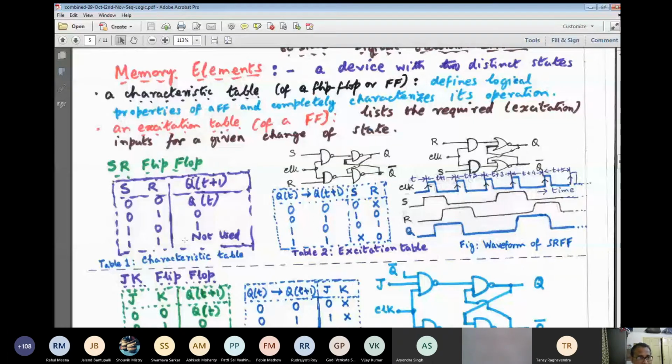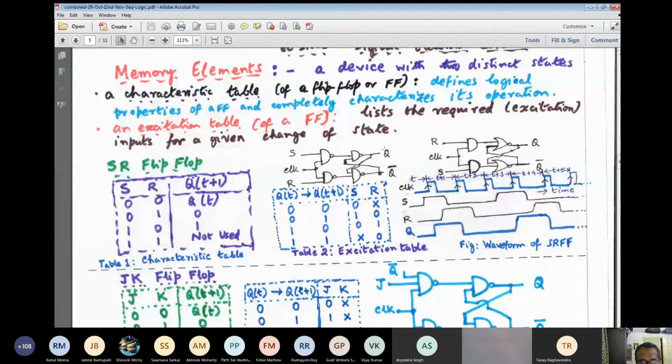You see that I have drawn two alternative implementations of the SR flip-flop. One is using 4 number of 2-input NAND gates. And here I have used 2 number of 2-input AND gates and 2 number of 2-input NOR gates. These two are actually equivalent. Only you have to be aware that if the S input is applied here, R input is applied here, normal output is seen here, and complementary output is seen here.